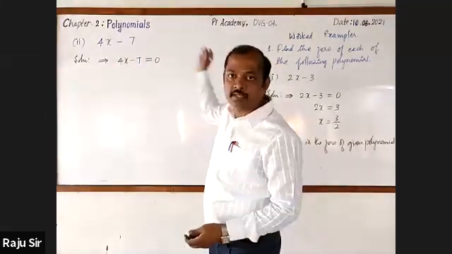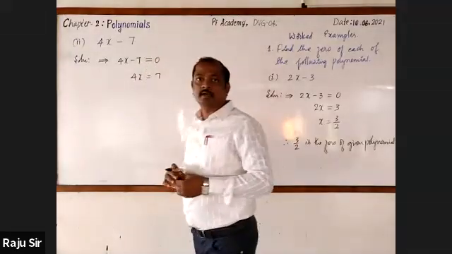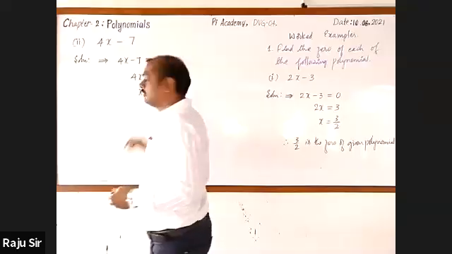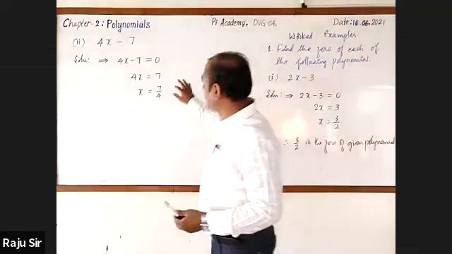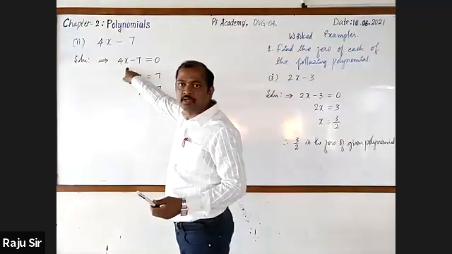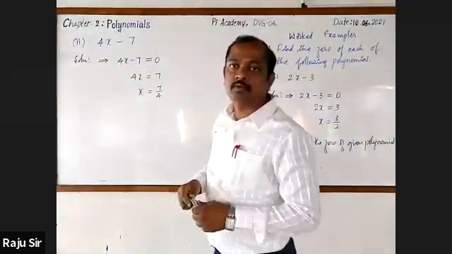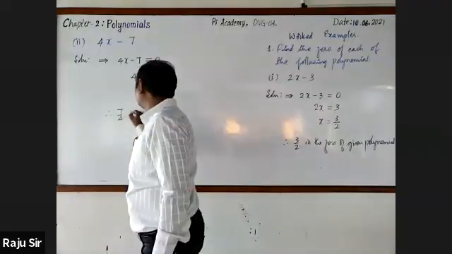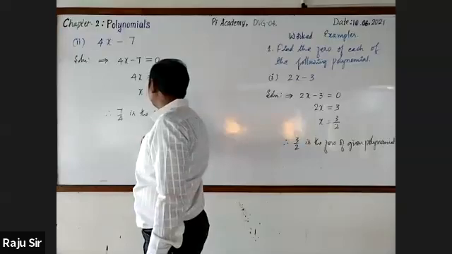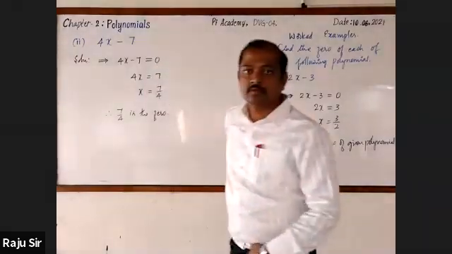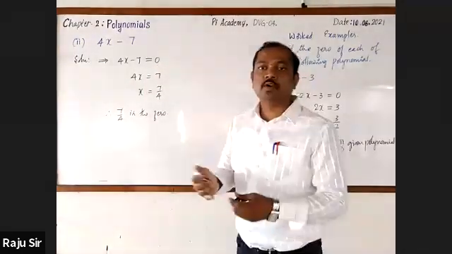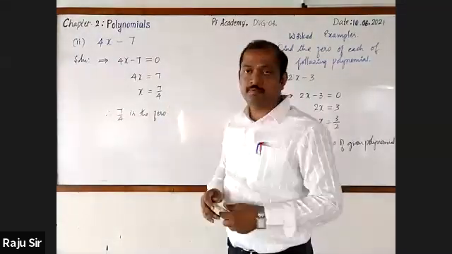Transfer minus 7 to the right hand side. This is 4x equal to 7, so x is 7 by 4. When you substitute 7 by 4 in the expression, it becomes 0. Therefore, 7 by 4 is the required zero, or the zero of the polynomial is 7 by 4.